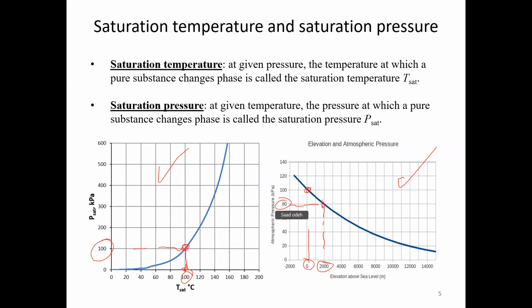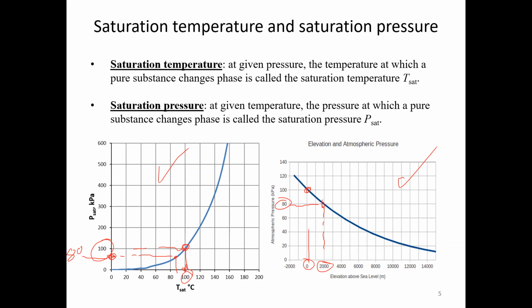So if you go to a mountain, you'll find that the atmospheric pressure decreases. If the atmospheric pressure decreases, what will happen to the boiling temperature? If I put it, let's say here, 80. Will it decrease? Also decrease, correct. So with the decrease of atmospheric pressure, the boiling or saturation temperature will decrease also.